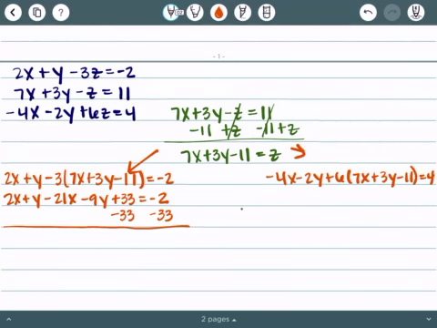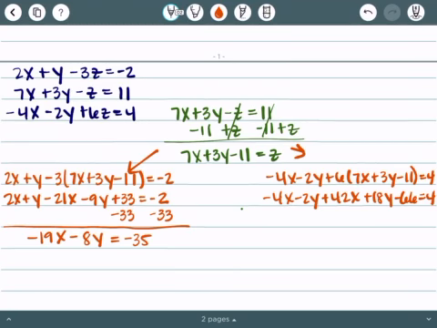So I'm going to combine my x's, which is -19x minus 8y equals -35. Then on the right, I get -4x minus 2y plus 42x plus 18y minus 66 equals 4.